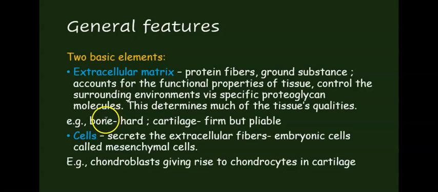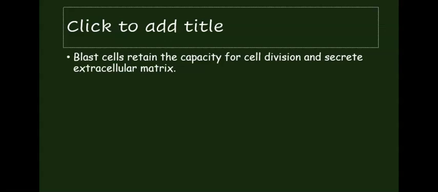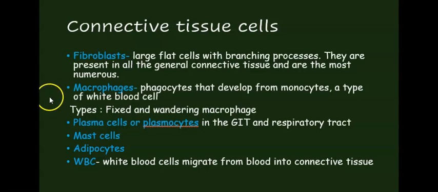Extracellular matrix means protein fibers and the ground substance, and the cells are produced by the mesenchymal cells like chondroblast, fibroblast, etc. And the blast cells retain the capacity for cell division and secrete extracellular matrix. Connective tissue cells, examples: fibroblast, macrophages, plasma cells or plasmocytes, mast cells or mastocytes, adipocytes, WBCs, white blood cells.